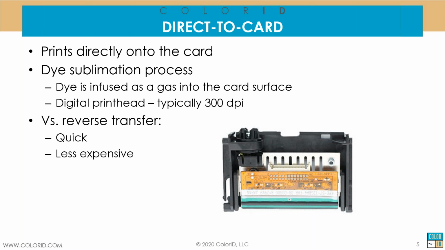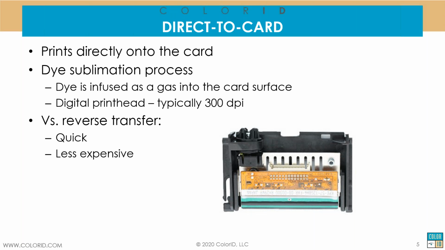And as the printhead heats various areas as the card moves along underneath the film, or the other way around, the printhead heat forces the die to turn into a gas, and it's forced down into the surface of the card. So it creates quite a sturdy type of color.